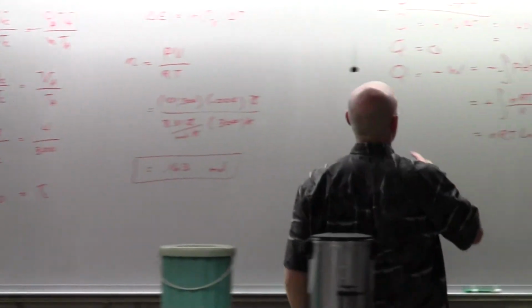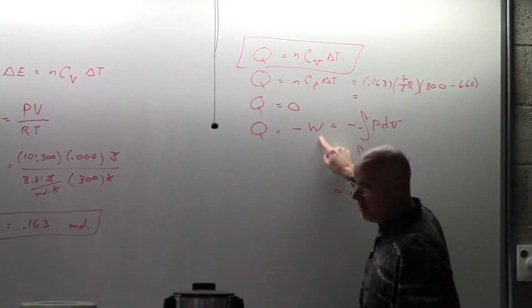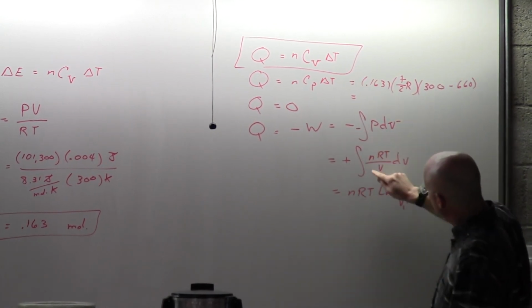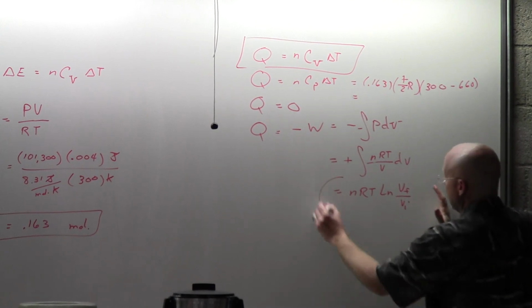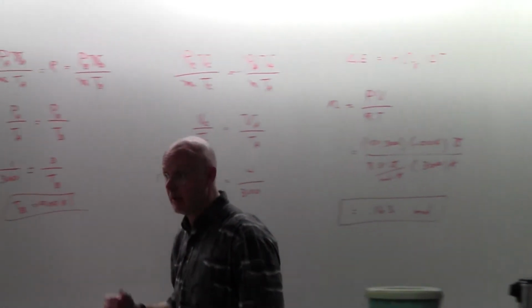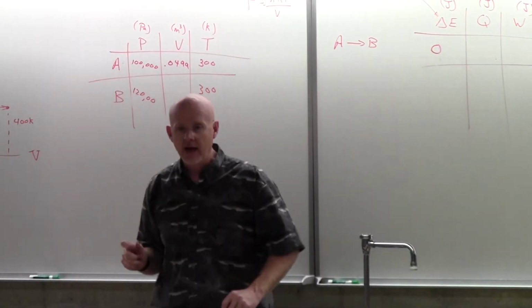I did them over here, so we're out of time here, but this was the isotherm. Q is equal to the negative of W. Since it is a constant temperature, replace P with nRT over V dV, and so this would be the equation to get the Q. And for that matter, the W. They would just be opposite in sign. So I can fill that in, and I can fill that in.